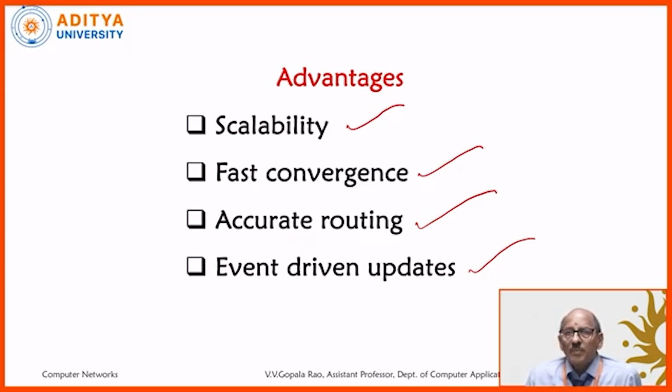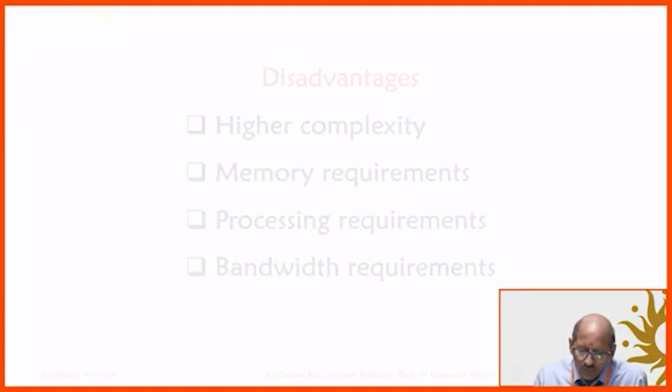So whenever B is dropped, only then does it update its table. That is why they are event driven updates. Here you cannot update manually. Whenever something is changed or modified, only then will the updates take place. So event driven updates are possible in the link state routing algorithm.